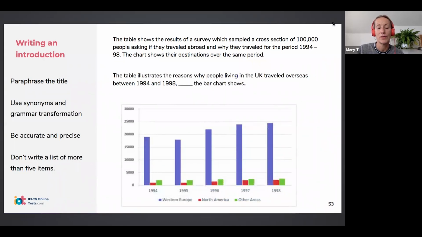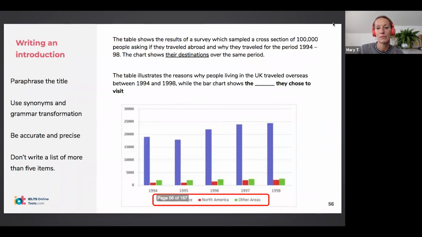Okay, so that refers to the table, and now we've got the bar chart, so you just need to somehow connect them. So which word would make sense? While, yes. Any others you could use? Whereas, yeah. So we've used while here. So while the bar chart shows. Okay, so then you need to find a synonym for this.